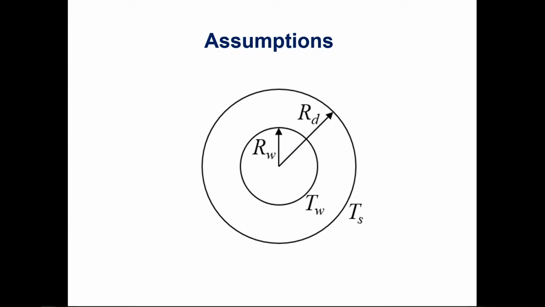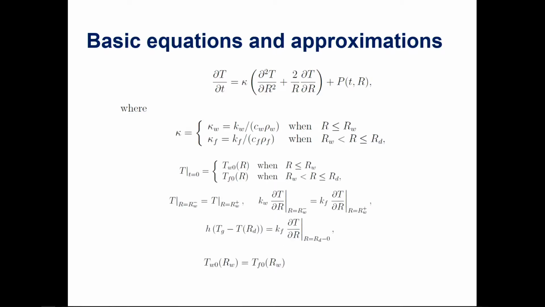And then we return to the same heat conduction equation inside the droplet. In the general case, we use this source term due to thermal radiation, but eventually we are going to assume that this term is equal to 0.